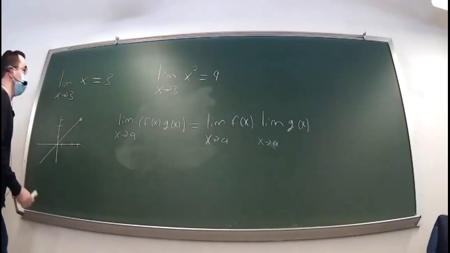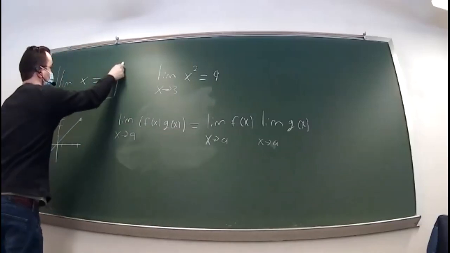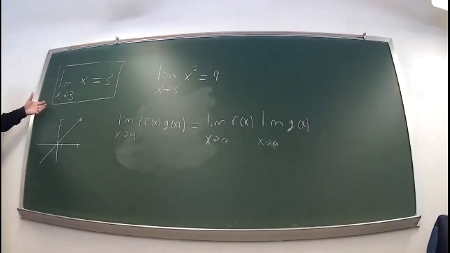So if you can agree with me as a baseline that something like this is definitely true, the limit of x as x goes to 3 is equal to 3.